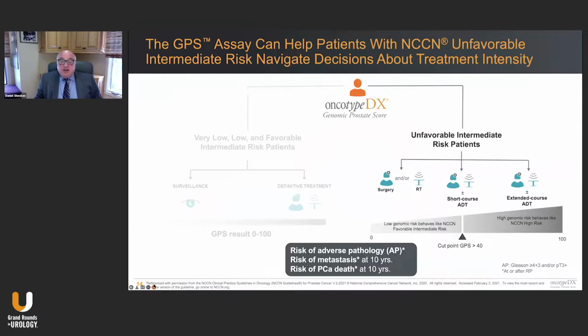What about the higher-risk patients? Well, in these men, the discussion is typically not active surveillance versus treatment. They're going to have treatment, but within guidelines, there can be a wide range of treatments and whether it is single modality or multimodality.